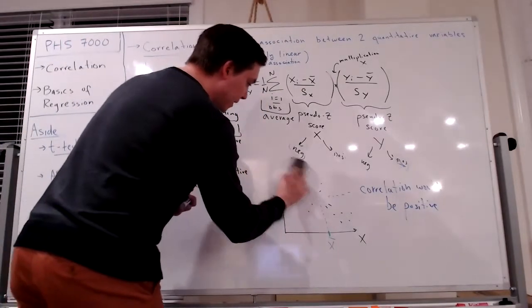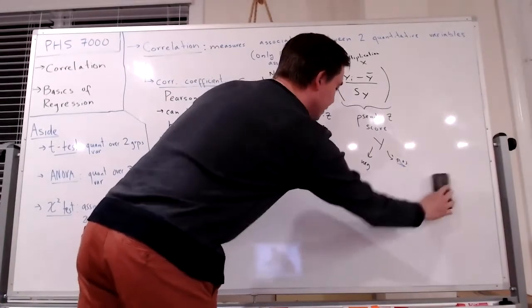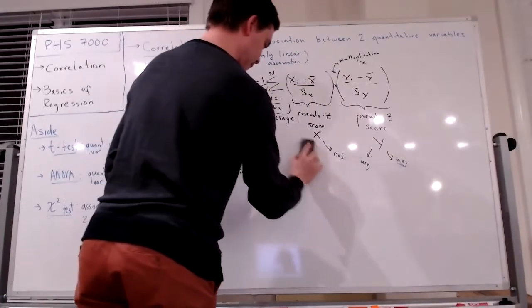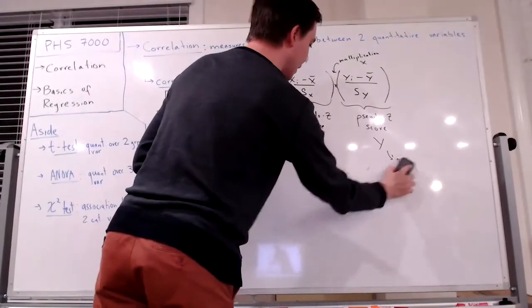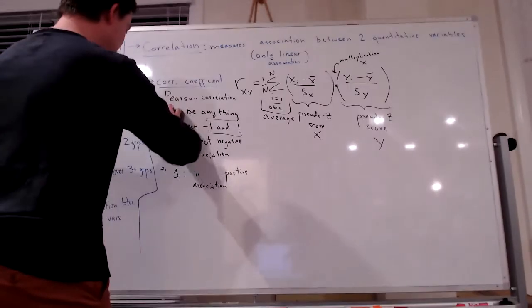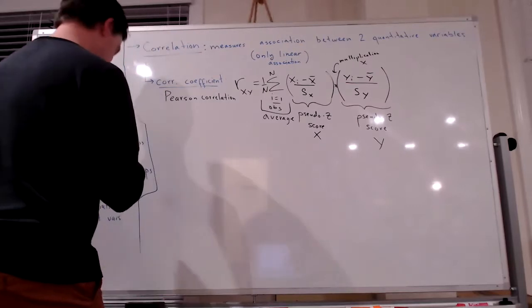So I said -1 and 1 are sort of these perfect linear associations. And I said 0 is complicated. So let me draw some stuff for you.